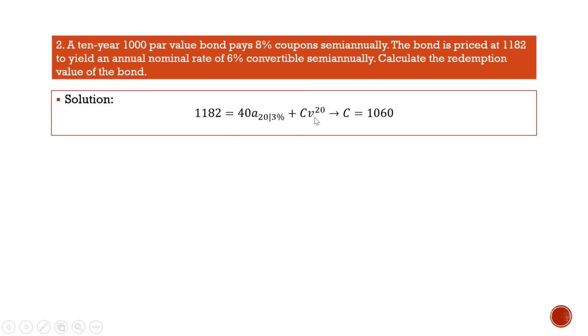So the present value of the redemption value is C times v to the 20. Here a 10-year bond, but because the interest is compounded semi-annually and the lender receives coupons semi-annually, we use each half year as a term. So we have 20 terms. So C here is 1060.